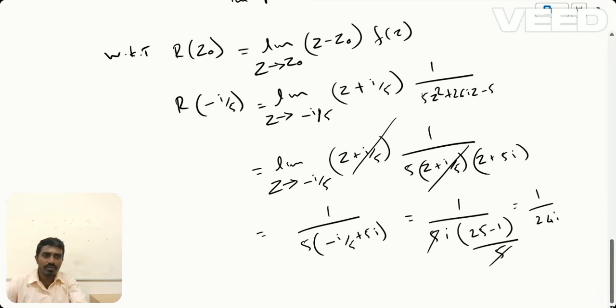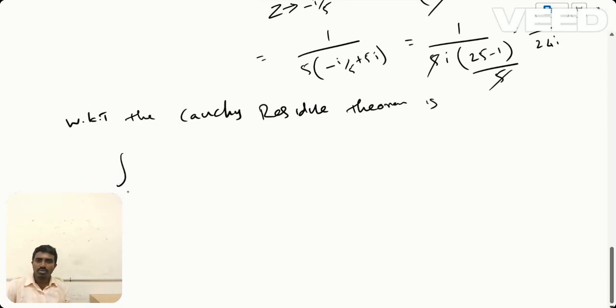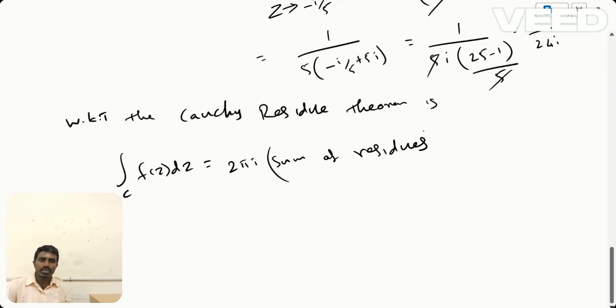And now we know that the Cauchy residue theorem is: integral over C f of z dz equal to 2 pi i into sum of residues. This is the residue theorem.